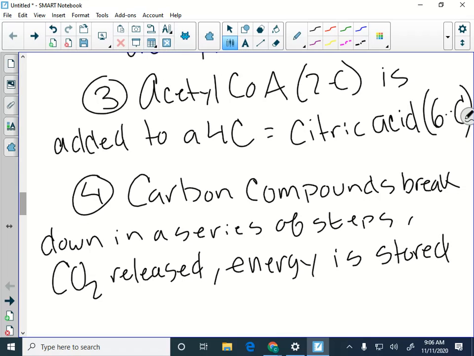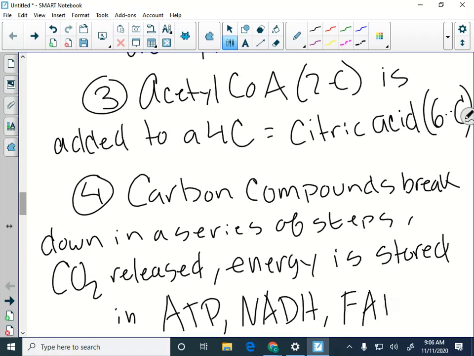So as we're breaking down these carbons, we are releasing CO2 and capturing the energy that was in those carbon bonds in ATP, an electron carrier, NADH, and another electron carrier called FADH2.